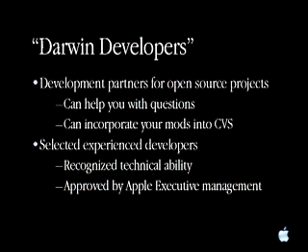We have this as part of the infrastructure for working with the open source community. As I've mentioned, it's not just Apple. We actually have people in the community who have write access to our CVS repositories and are in a position to contribute directly to the code for Darwin and some of these other projects. And these folks we call Darwin developers. These are partners in the open source arena for a number of specific open source projects.